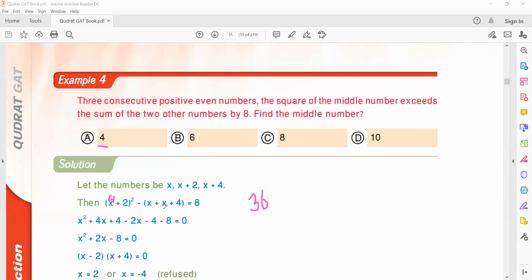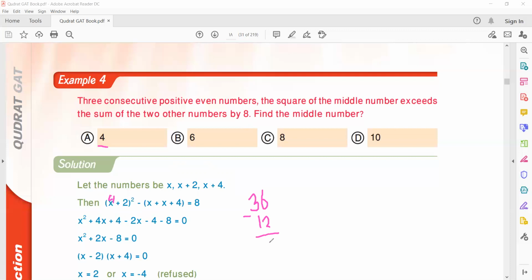Minus 4 plus 4, it is 8. 8 plus 4 is 12, right? So 36 minus 12, it is what?